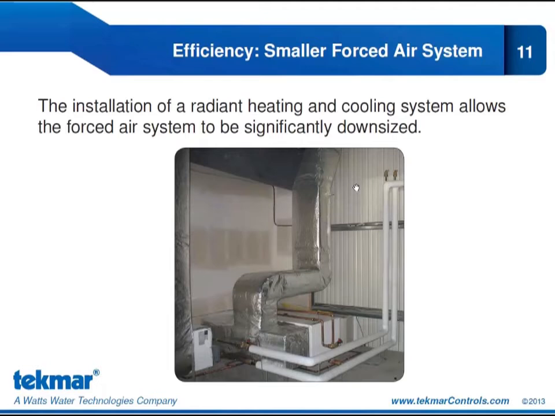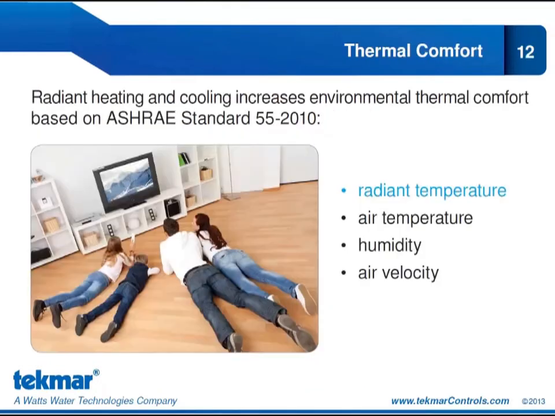We cannot remove humidity with radiant cooling. So for those reasons, we do need to add a forced air system. But because the radiant system takes care of the base load of our heating and cooling needs, the air system can be downsized significantly. So we need smaller ductwork, the blower can be sized much smaller, and so can the equipment, the furnace and the air conditioner.